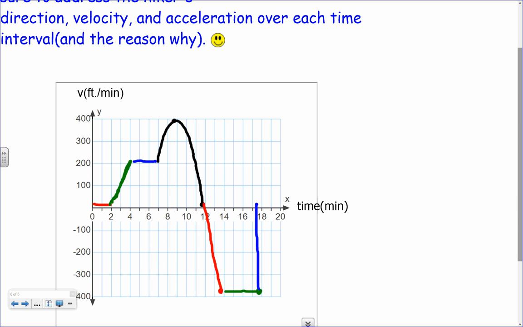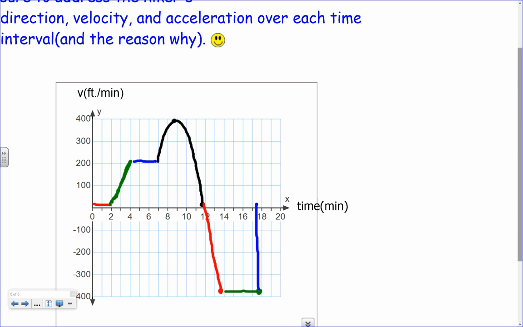And then the hiker at some point speeds up, accelerates up to 400 feet per minute fairly quickly, and then starts to slow down all the way down to 0 feet per minute, and then completely changes direction at that 12-minute mark and accelerates in the opposite direction until hitting a speed of 400 feet per minute and then comes to an abrupt stop. That's right around the 17 or so minute point there.